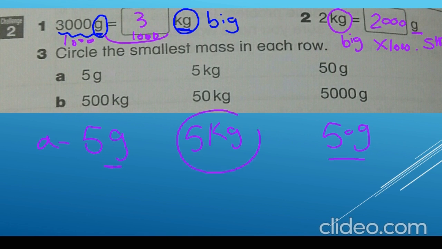So I should transfer this one to gram also, so I can compare between them. We said that when we transfer from kilogram to gram, that means we will convert from the big unit to the small unit, so we will multiply by 1,000. The answer will be 5,000 gram. Now, let's order.